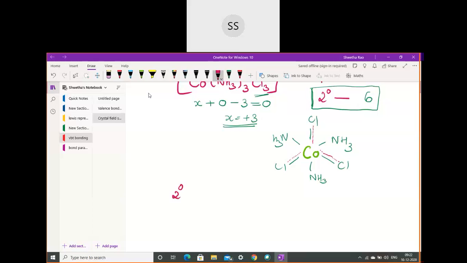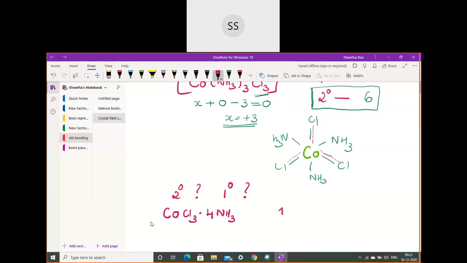Now I'll give one random question which they ask you in the exam. The way they ask you the question in the exam. So I will give you that question. You try to answer me that. So the question is, what is the secondary valency and the primary valency of the complex?